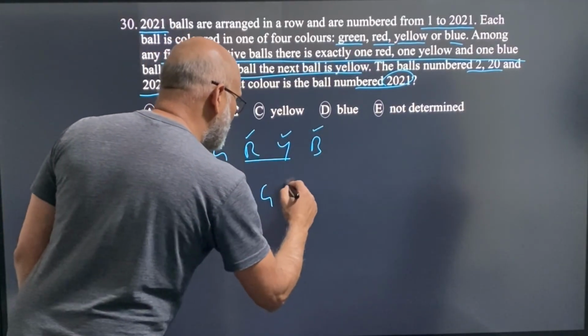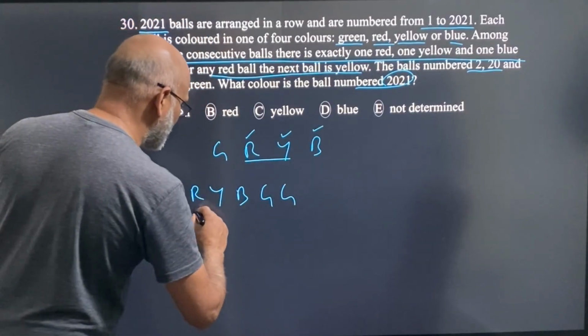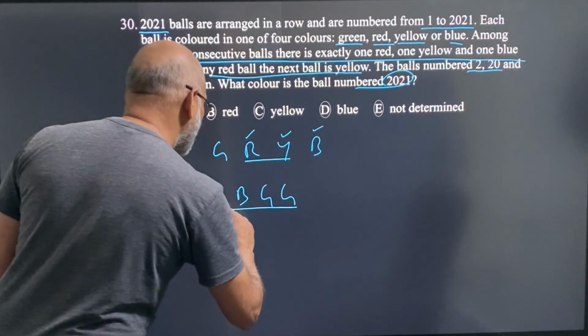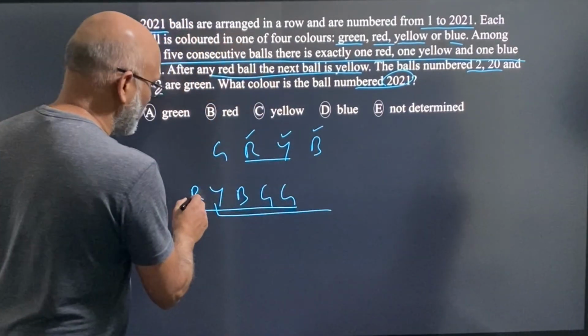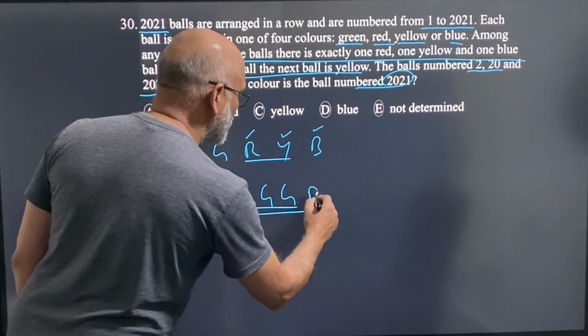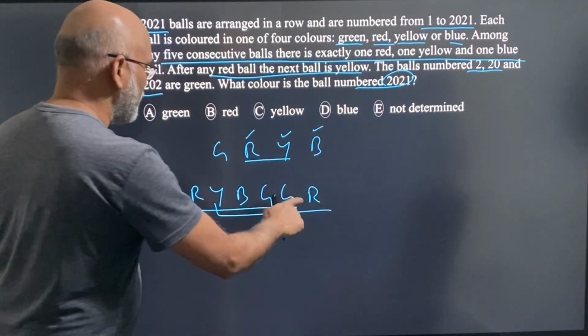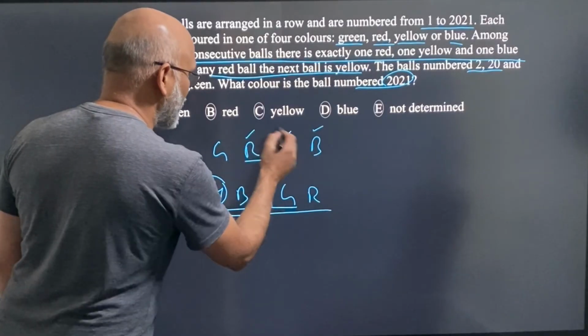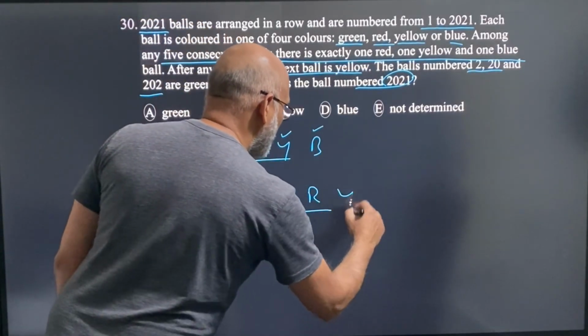So there must be 2 green. So these are the first 5. Now if I take the next 5, red is missing here, so the red must come here. But after red, yellow must come.